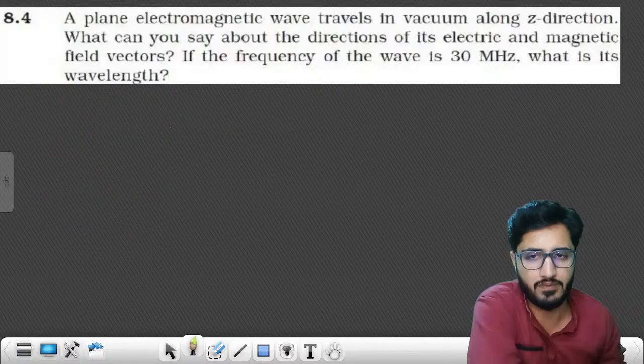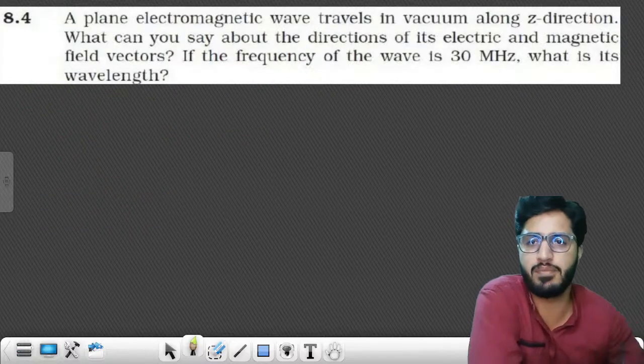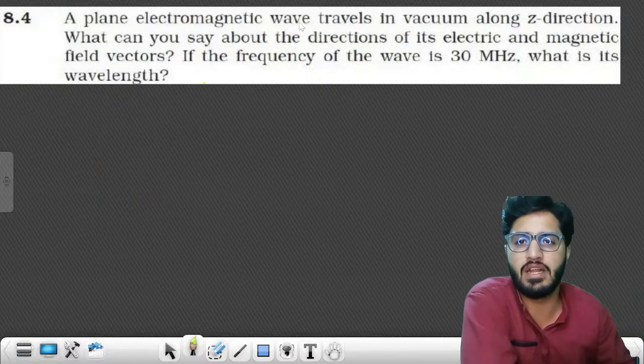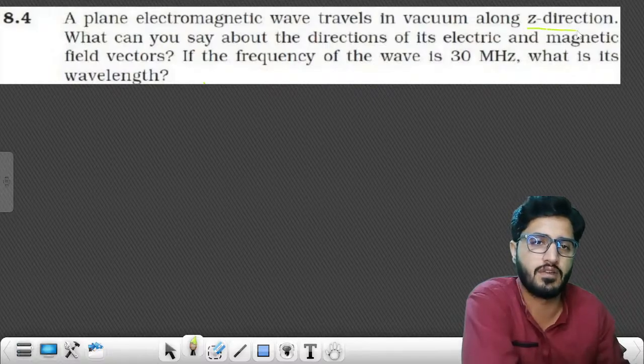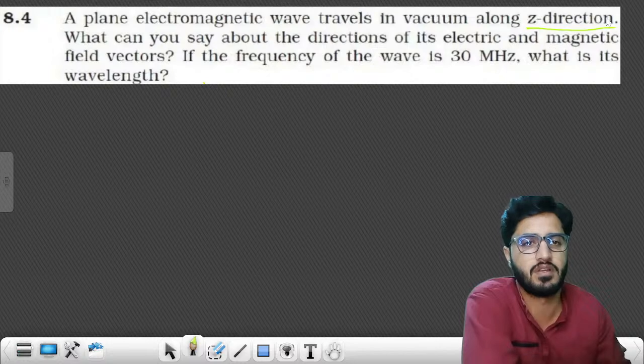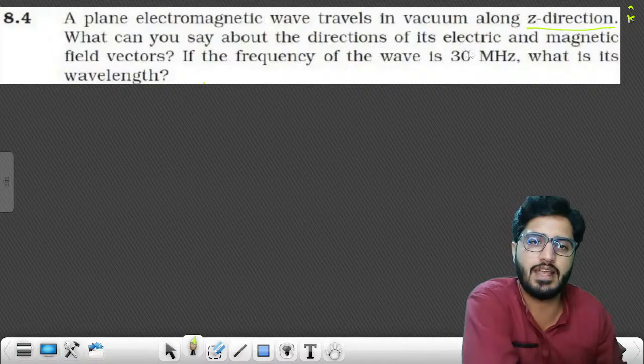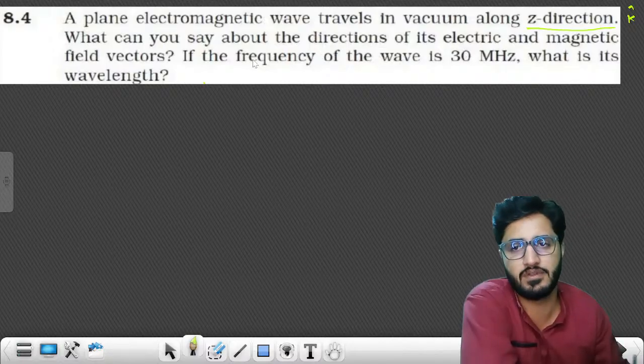Okay, next numerical. A plane electromagnetic wave travels in vacuum along the z direction, that is k cap. What can you say about the direction of its electric and magnetic field vectors? Okay.